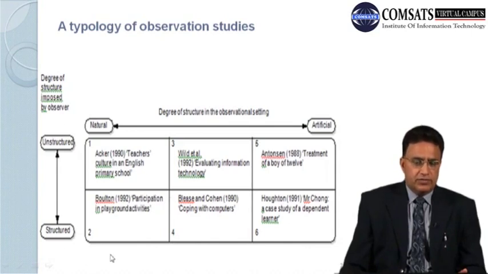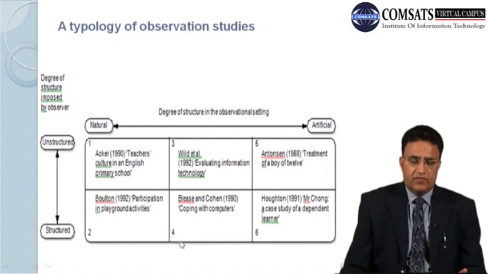In cell number 2, you can put a structured one, that is Bolton 92, participation in playground activities. In cell number 3, that would be in the middle between structured and unstructured, so Wild, that is evaluating information technology.